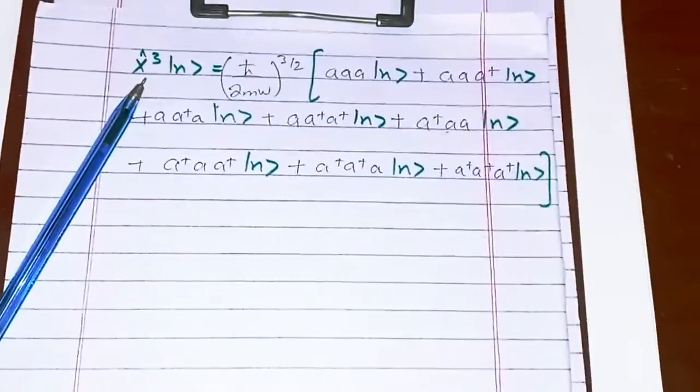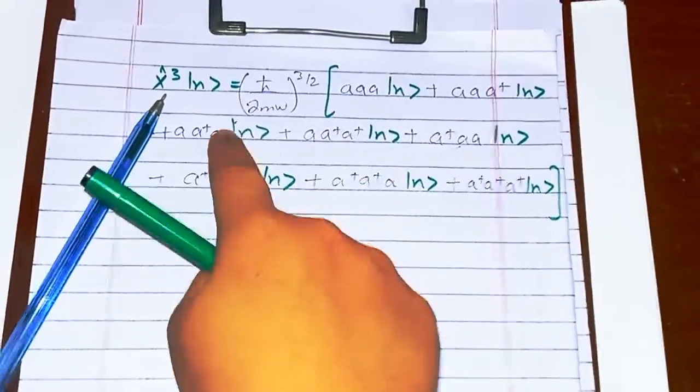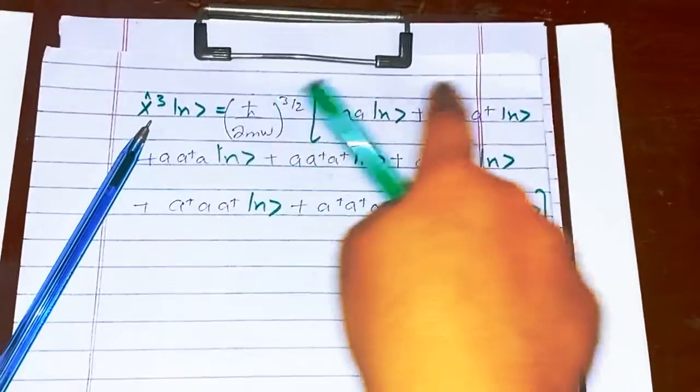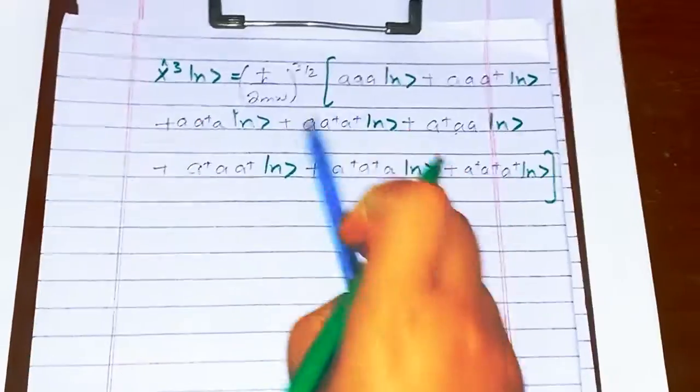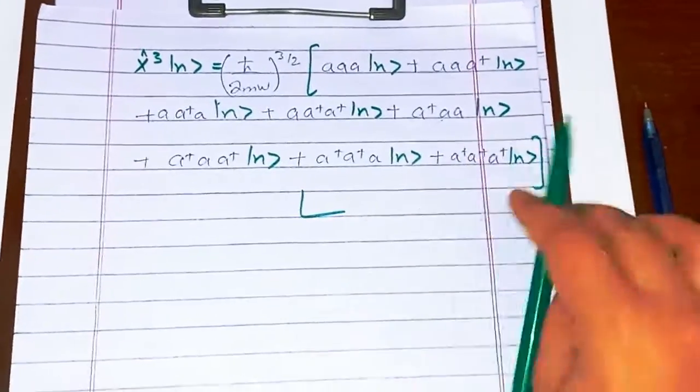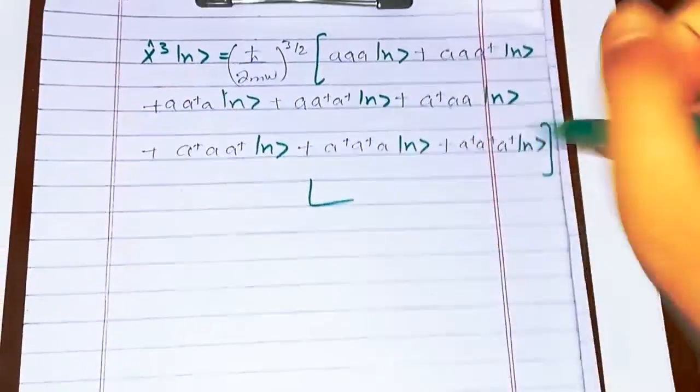All right, so we have 8 of these terms, 1 2 3 4 5 6 7 8. We need to calculate all of these terms individually, and we'll put those values right back into this expression. I'm going to call it equation number B.